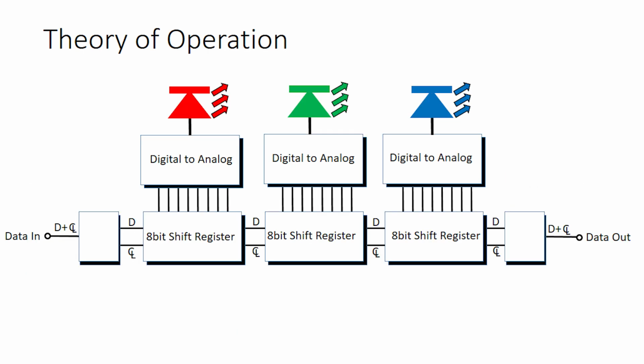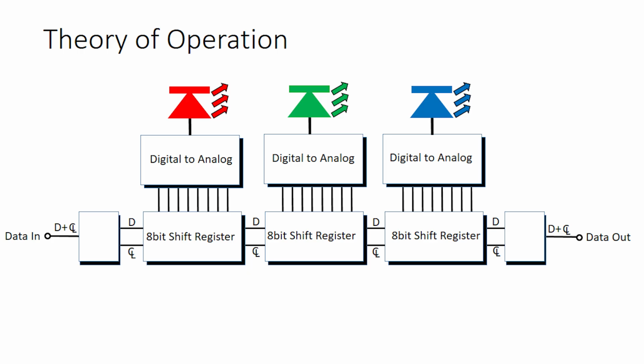So if I take 3 8-bit shift registers and give each of them a digital to analog converter, then I can clock in a whole bunch of ones and zeros. And once they're all clocked in, if I just hold that, then the ones and zeros will get converted into parallel by the shift registers.